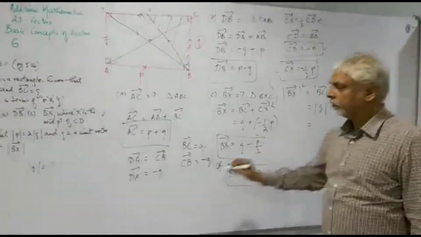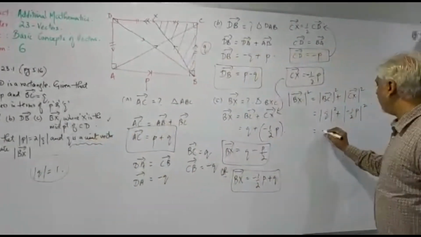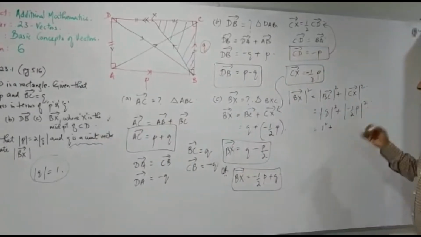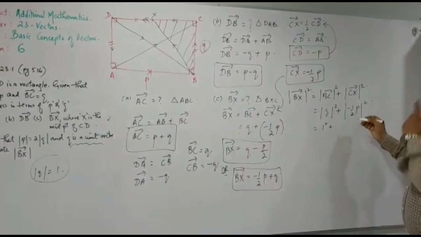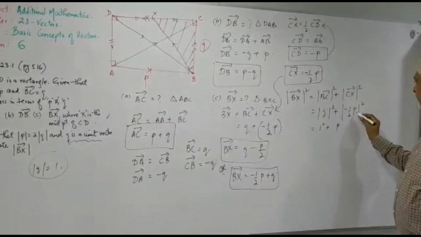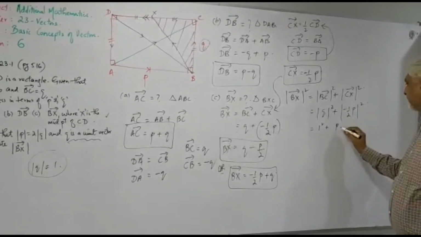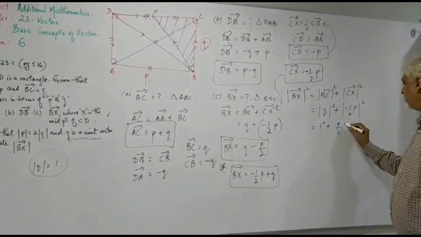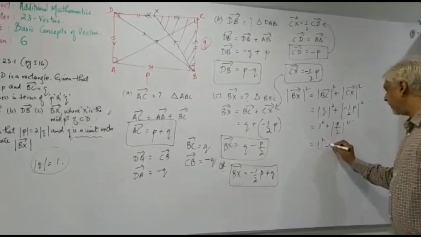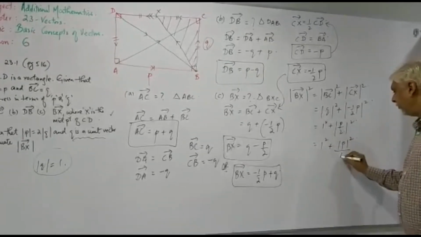Unit vector Q is equal to 1, is given to us, so this becomes 1 the whole square, plus minus the whole square will give you 1, so I can write this down as P upon 2 squared, or I can write down 1 squared plus P squared upon 2 the whole square will give you 4.